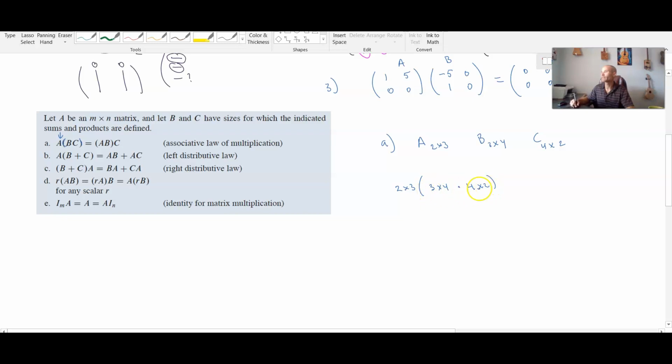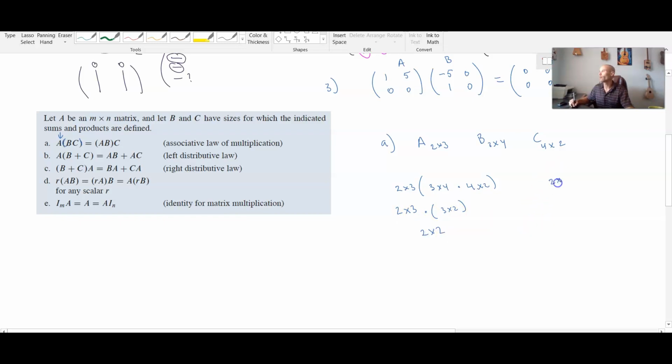Well, what's going to happen inside here is we'll get a 3 by 2, and now we're pre-multiplying. I'm going to start using that word pre-multiplication because we can't just stick A anywhere we want. A did not commute, it did not move, it's still in the front. It's going to multiply the result of the product of B and C. So here we would get a 2 by 2.